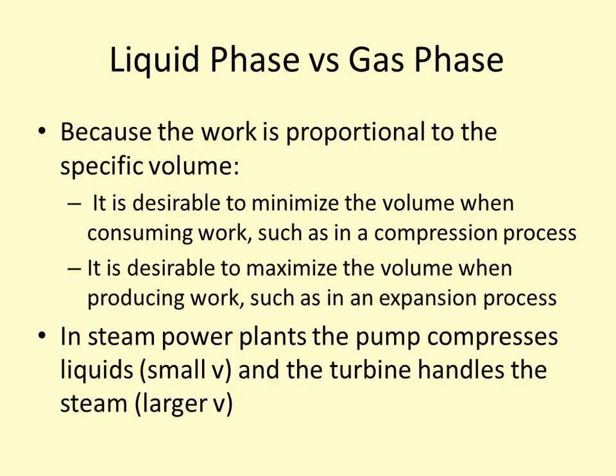It's at a much less dense state in the gaseous or the vapor form, and as it runs through the turbine, there's more energy available to it that we can harness and receive a work output. Okay, so when we want to minimize the work we need to do, we want to minimize our specific volume. And if we want to maximize the amount of work we get out, we'd like to maximize the specific volume.